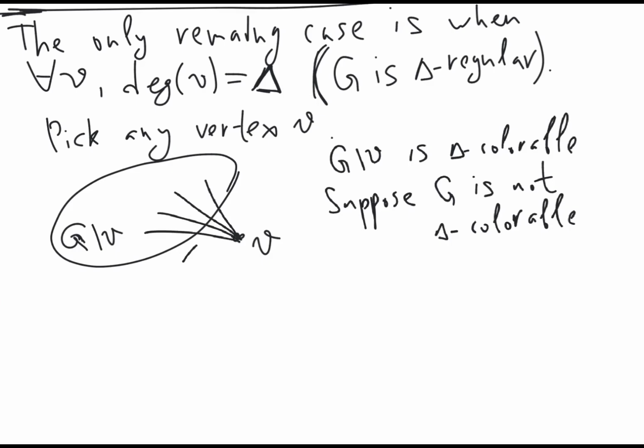V has delta neighbors in this G minus V, and all of them have exactly delta colors.